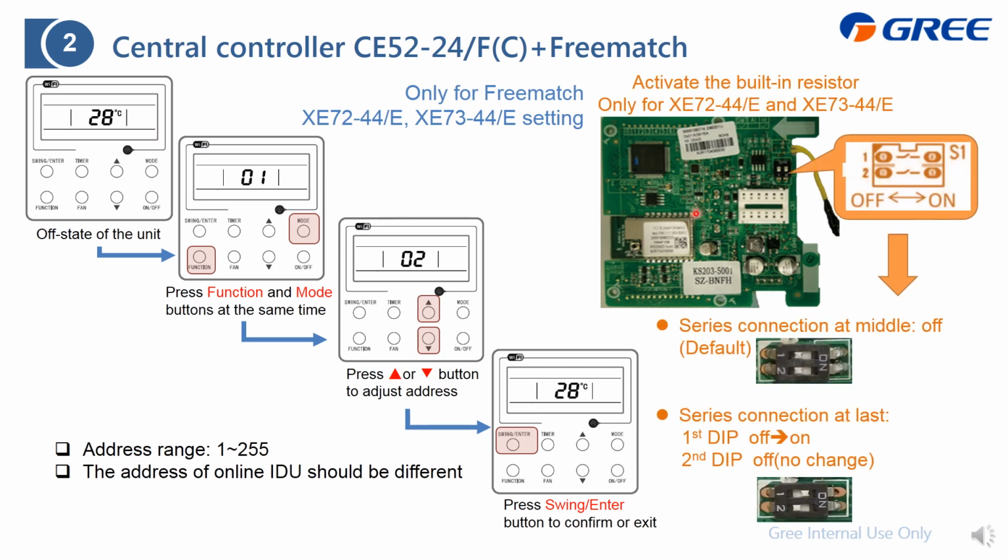And also there is a built-in dip switch setting. The function is to turn on or turn off the built-in resistor, which means if this wire controller is located at the last on the RS485 bus, you need to turn on the built-in resistor to ensure the communication. And how to turn it on is also the same, which is to change the first dip from off side to on side. It's okay.